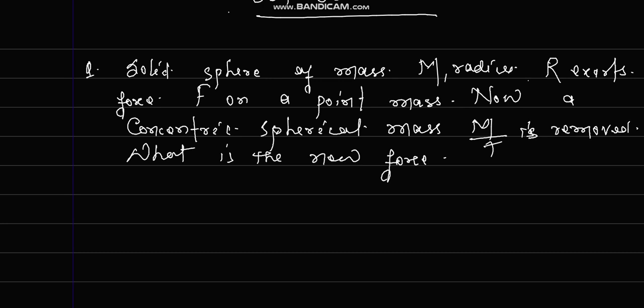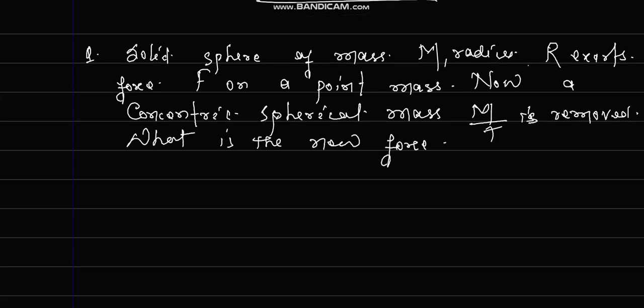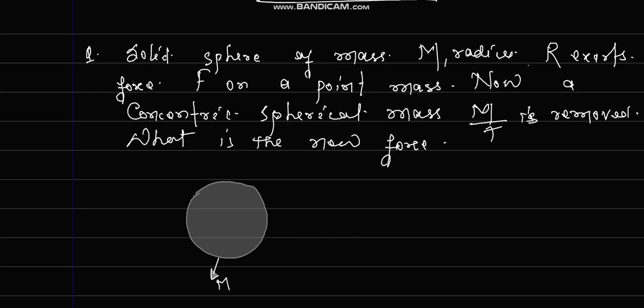Now see here, when you're talking about a solid sphere, let us make a solid sphere, and suppose this is our solid sphere. The mass of the solid sphere is m.